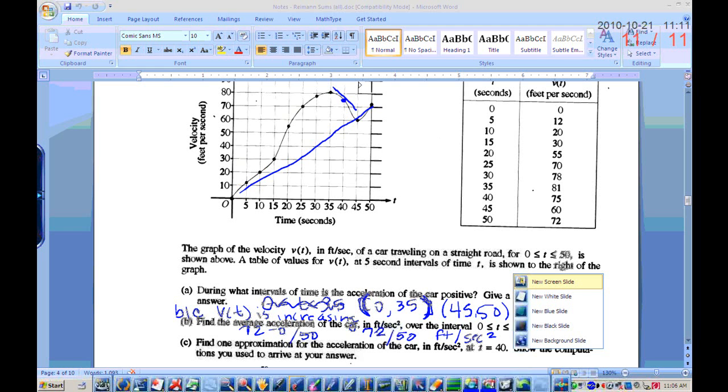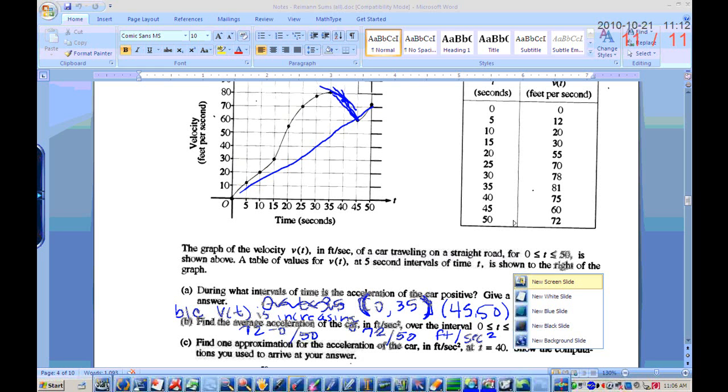Another one would be to find the slope between 40 and 45. And the third one would be to find the slope between 35 and 45. So you can either do the 2 points on either side of 40, or you can do 40 and the left point, or 40 and the right point. Personally, I always take the 2 on either side.